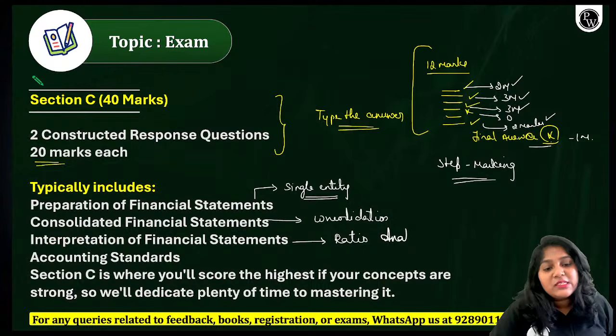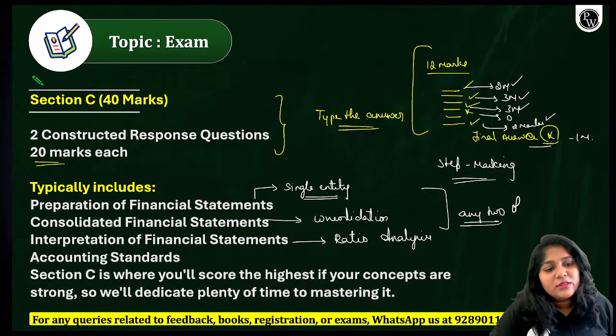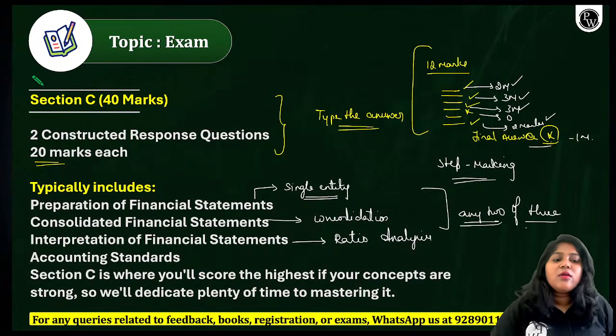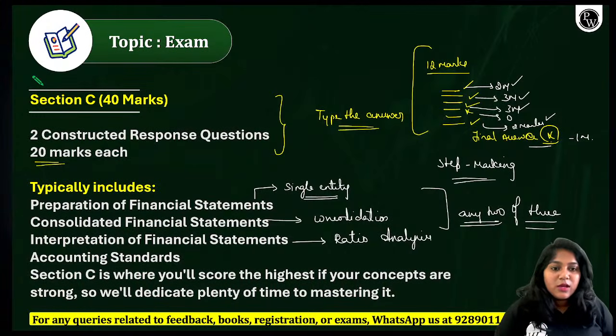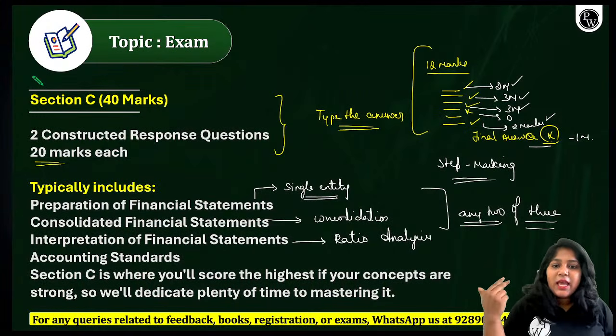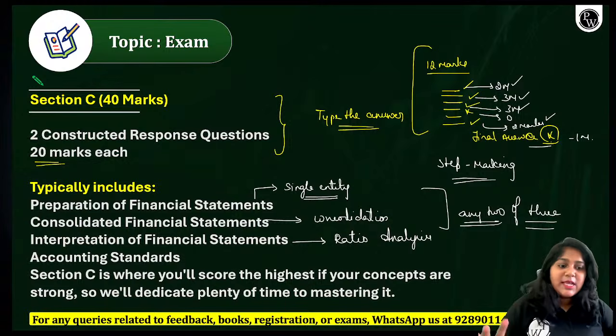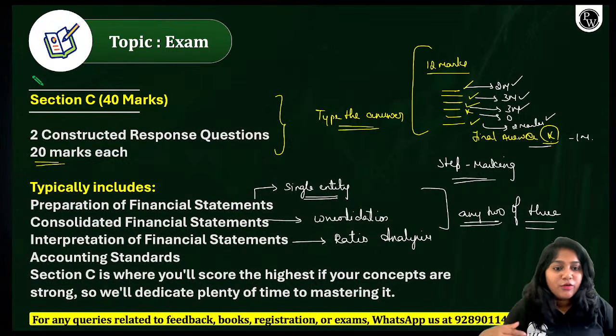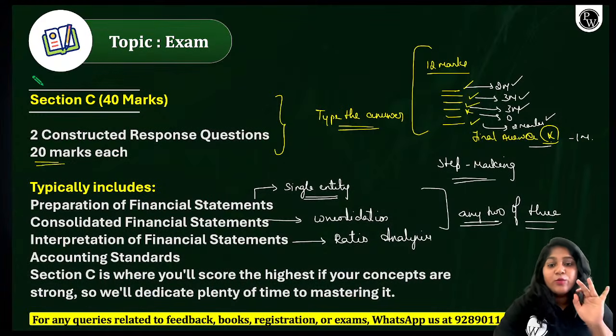Out of these 3 topics, any two will be appearing in your main examination. So you have to be thorough with single entity and consolidation of financial statements, and interpretation of financial statements too. If you know this much, this is the total exam pattern. I hope we are good about it.